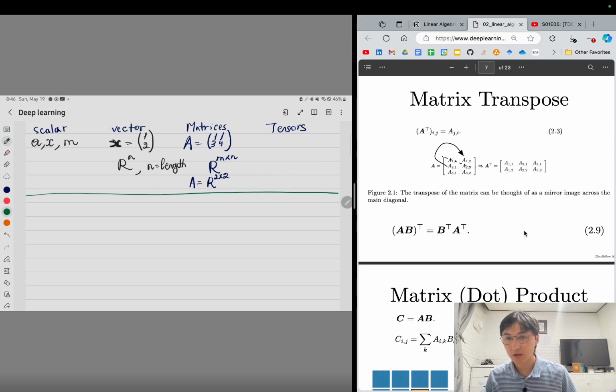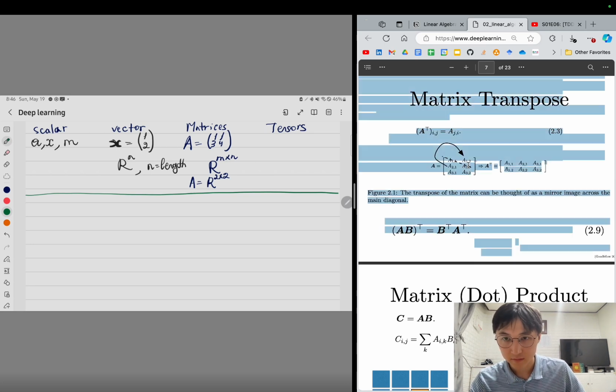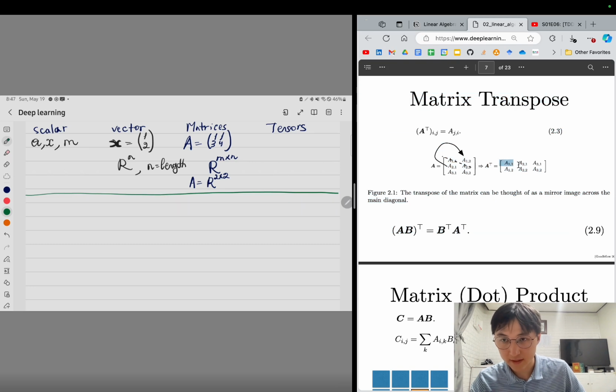So let's look at this example. Elements on the diagonal stay in the same place, but you can see that A21 goes in place of A12. All elements change places, change seats, and that is the matrix transpose.